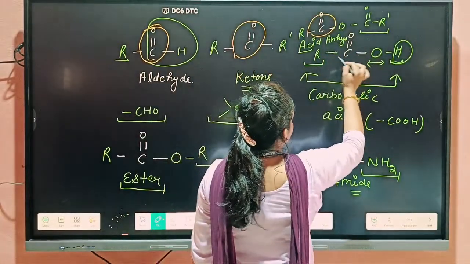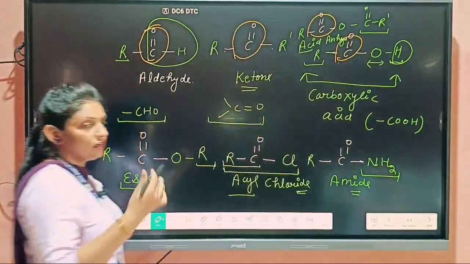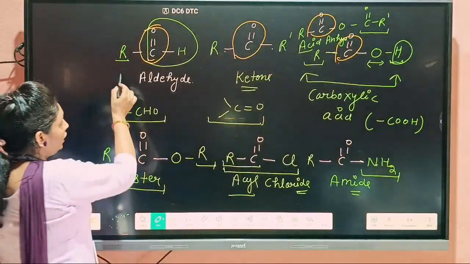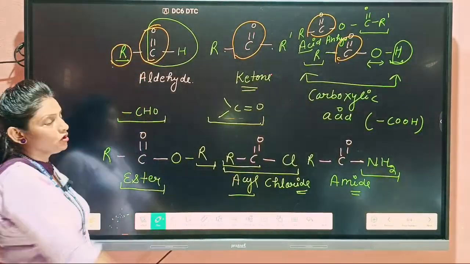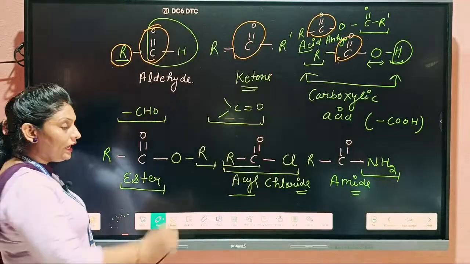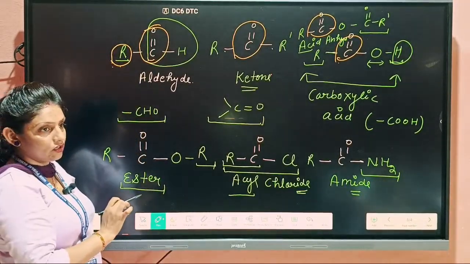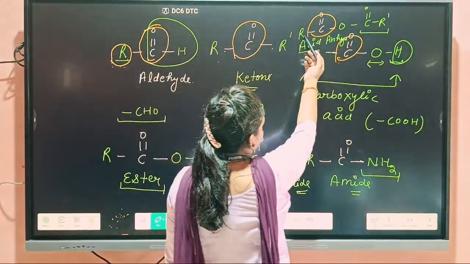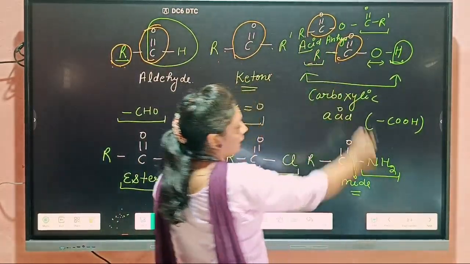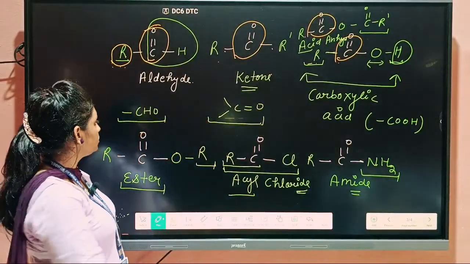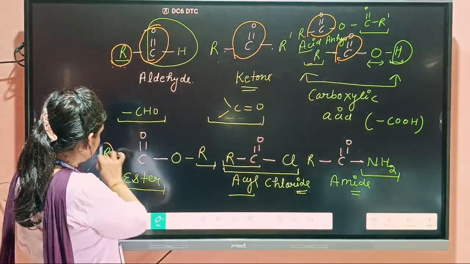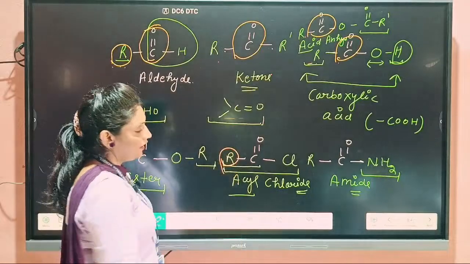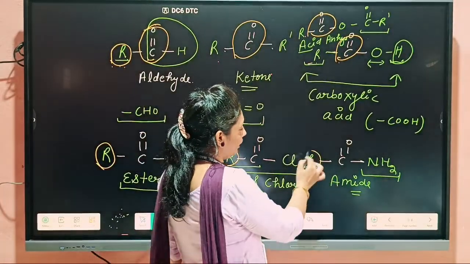So we are just going to change some groups there. Alkyl group is also common here, in case of aldehyde, ketone, acid anhydride, carboxylic acid, ester, acyl chloride and amide.